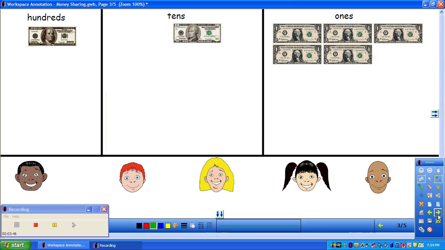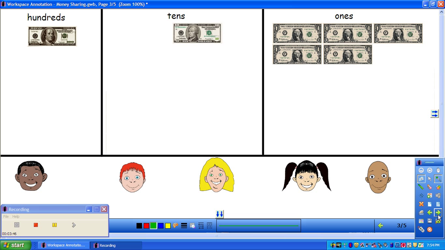So let's think of this problem in terms of sharing. We have $115, and we have to share that $115 with 5 people. Well, what do you do when you have one $100 bill or one $10 bill, and you need to give that to 5 people? So we have to come up with a plan.